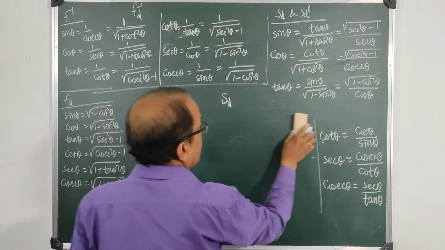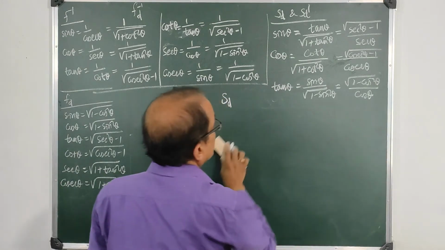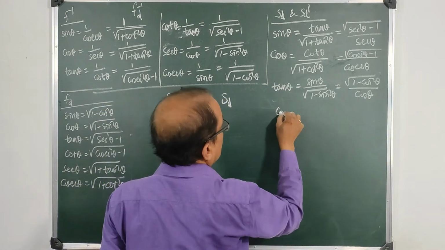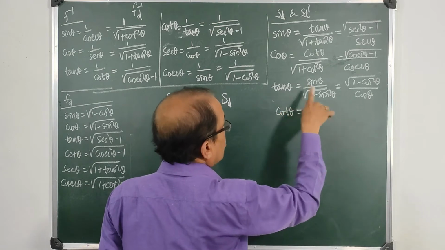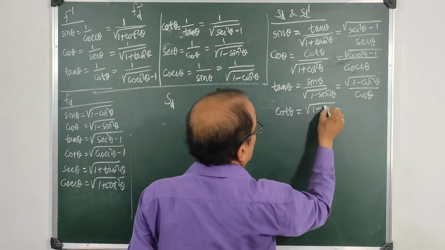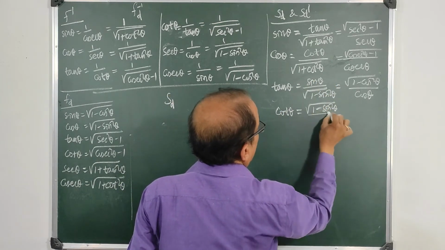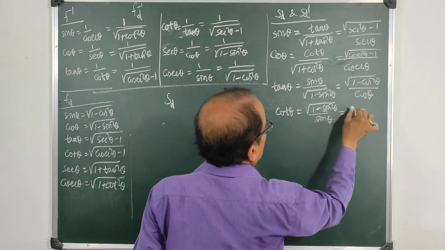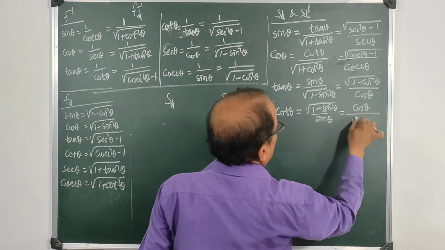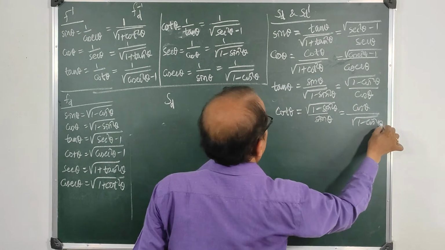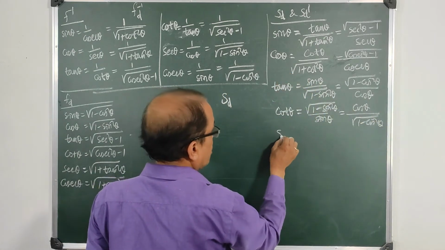And now for the remaining 3, we need not calculate, we just make the reciprocals. Cot theta will be just the reciprocal, so root over 1 minus sin square theta upon sin theta, or cos theta upon root over 1 minus cos square theta. For cos theta, we get sec theta.